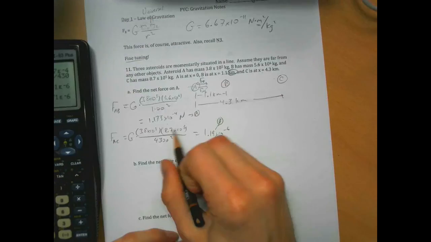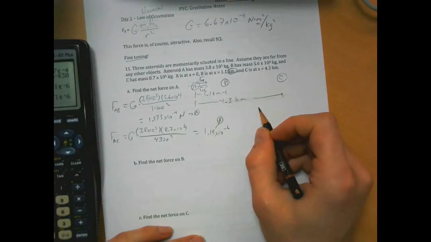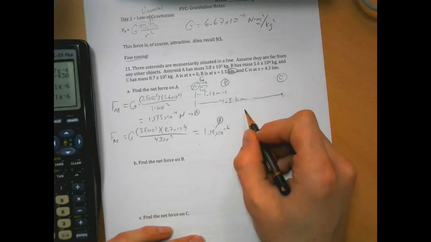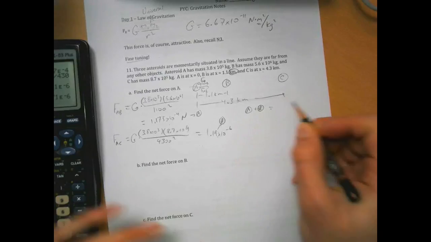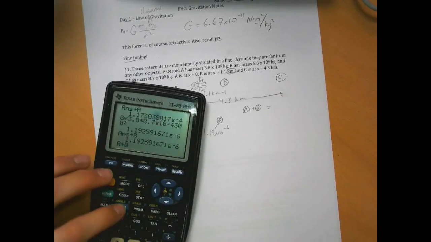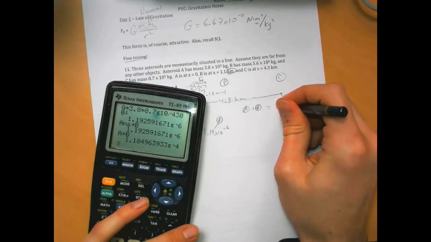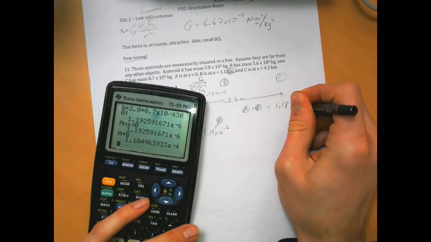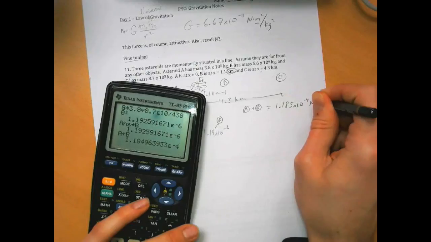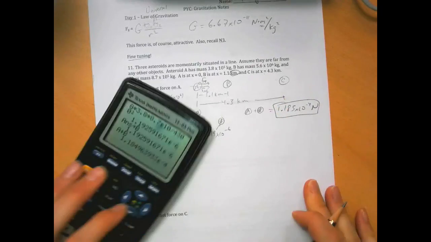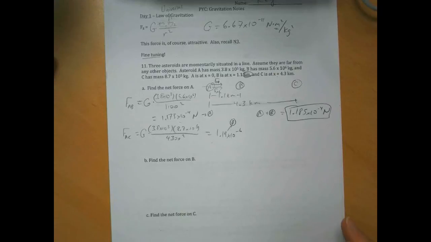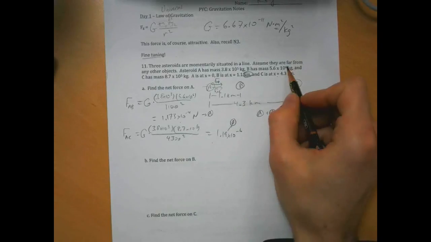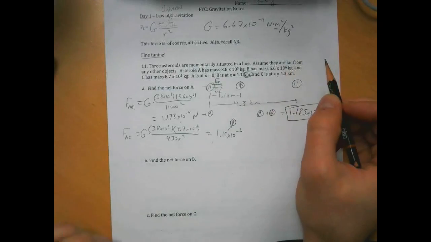And then to get the answer to part A, what do we do with those? You just add them because they're in the same direction. And we get about 1.185 times 10 to the minus 4th newtons. Pretty small. As a point of reference, Earth's mass is something times 10 to the 24th, I believe.